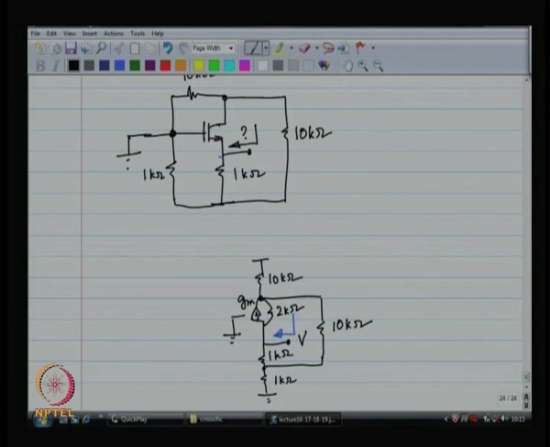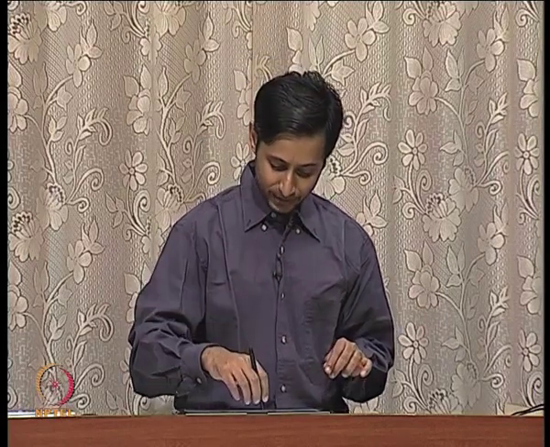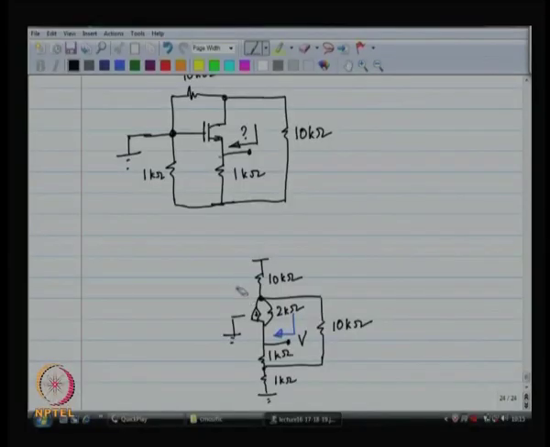I plan to find out what is the current coming through that voltage V. Now, the good thing is that the current going through the GM, the voltage controlled current source, is very easy to find out. It is minus GMV.